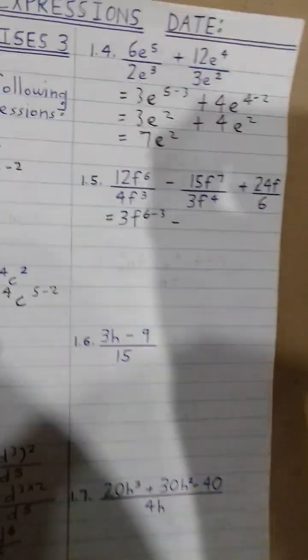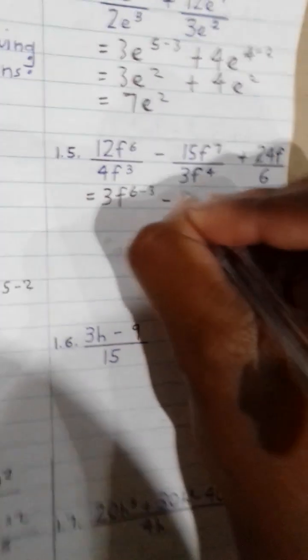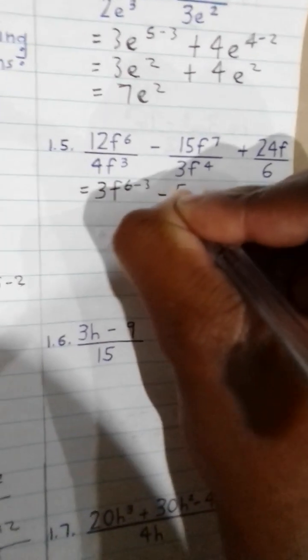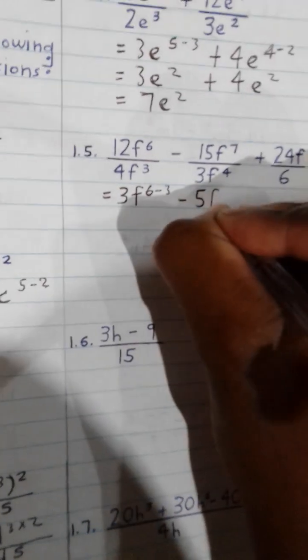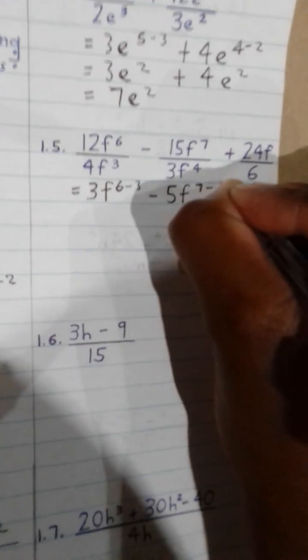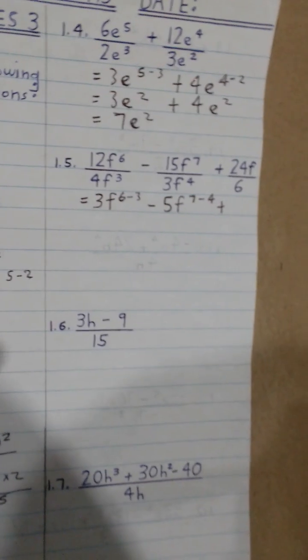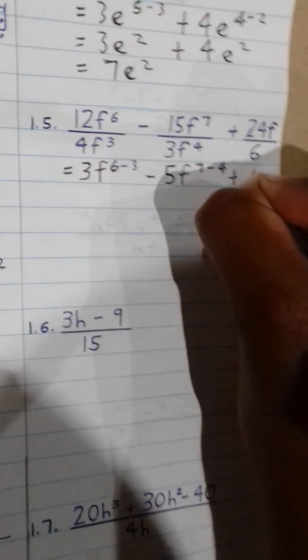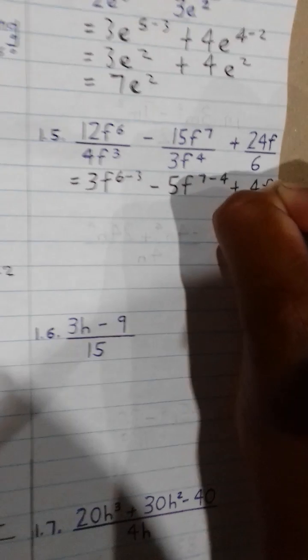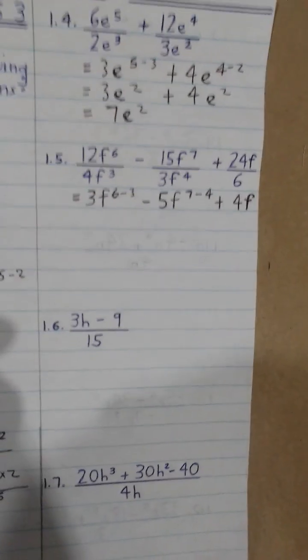Then minus 15 over 3, 5, f, exponent at the top, 7, minus exponent at the bottom, 4. Plus 24 over 6 is 4, f, there's nothing at the bottom, so we keep this f here. Now it's time to simplify.